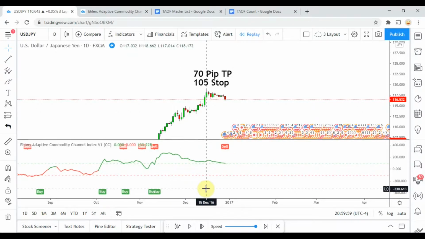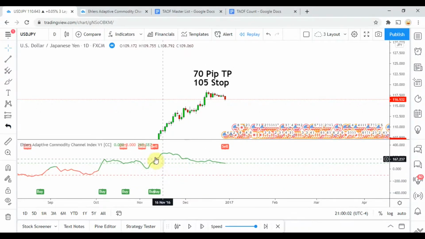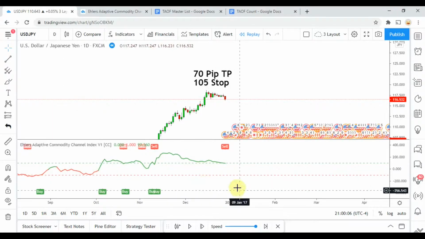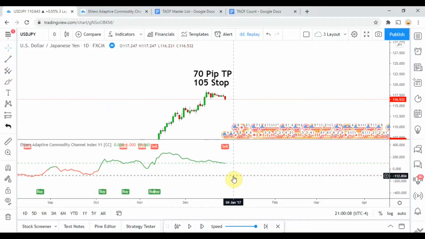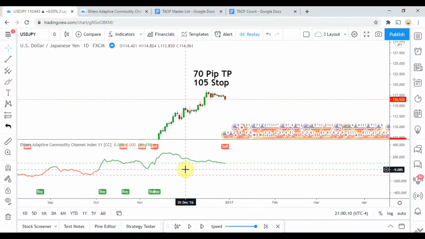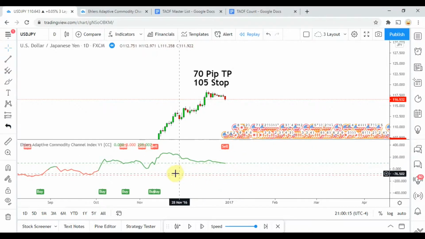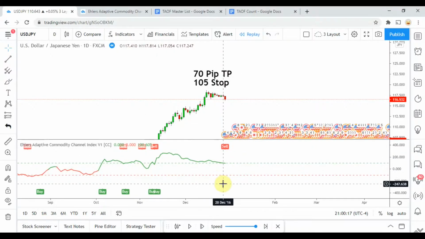And so the other way is the opposite. So when the oscillating line then breaks down below this negative 100 dashed red line, we are waiting for it to then cross back up above that, and that will be a long signal or a buy signal.